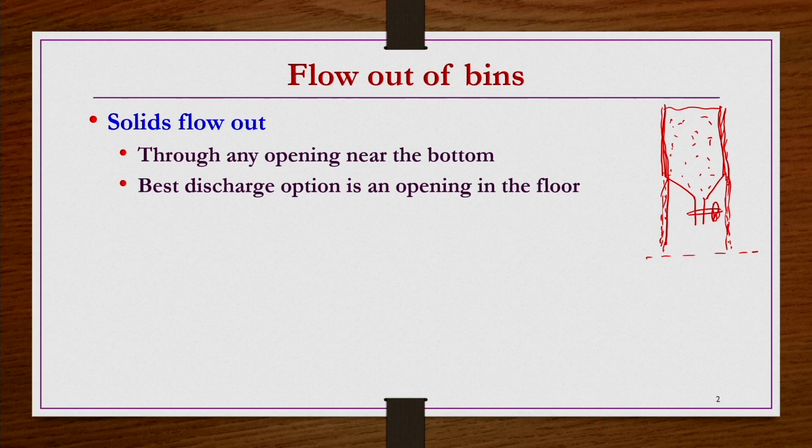So, the floor is in general made up of these slanted or inclined surfaces, or hopper surfaces that we are having, right. You can have an opening anywhere from the sides, also from the bottom, anywhere from this area you can have solids out, but it is always best to have an opening in the floor, so that you can have the best discharge possible, right.